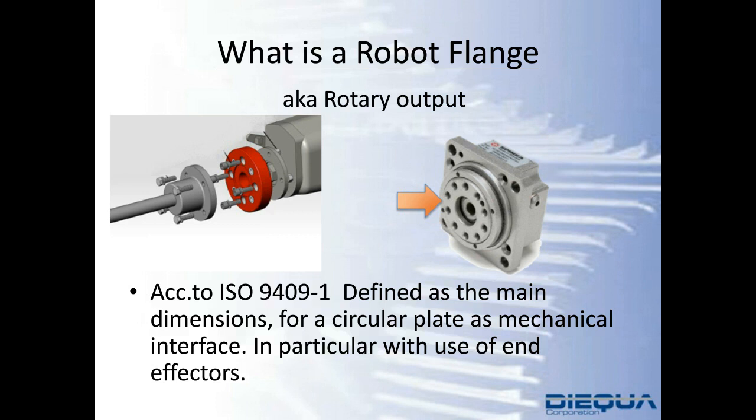What this is in particular is designed according to the industry norm, ISO 9409-1, which defines the main dimensions of a circular plate interface as a mounting plate. In particular, the early design was intended for end effectors, but has then migrated to connecting other forms of tooling, if you would.